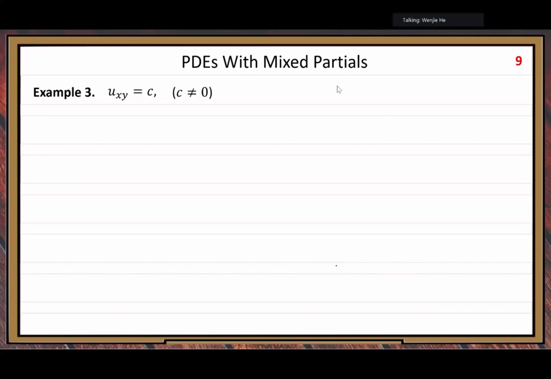Similar to our first example, but this time we need to do the inverse process twice with respect to two different variables, y once, x another time.